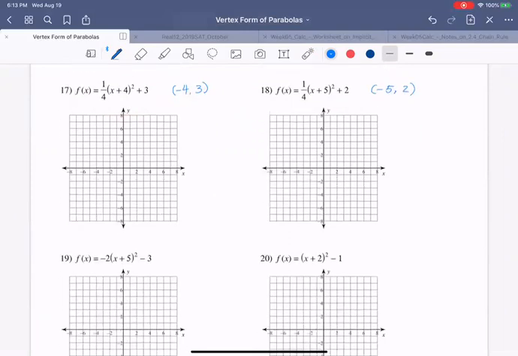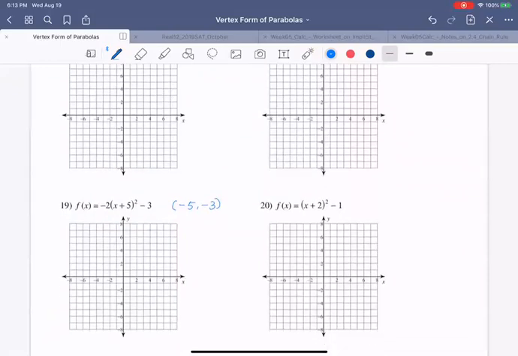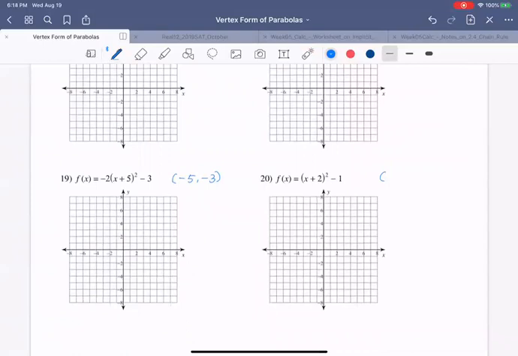Perfect. Number 19, Angela: (-5, -3). Valerio, number 20: (-2, -1). Okay. That makes sense?